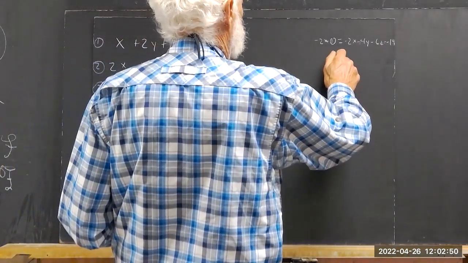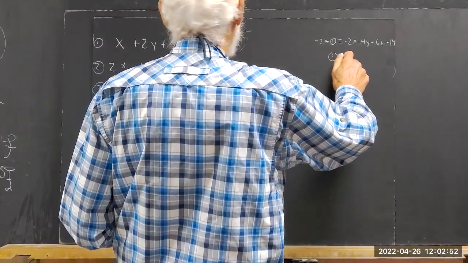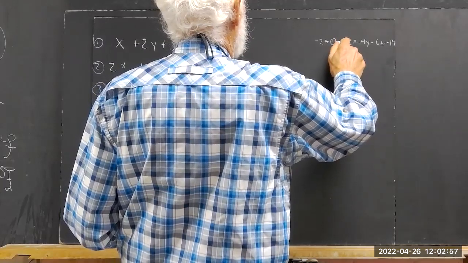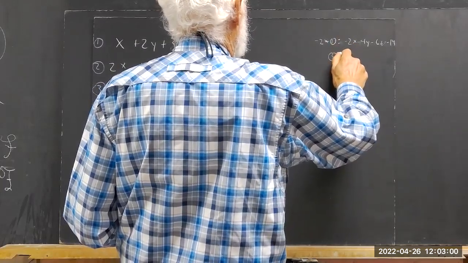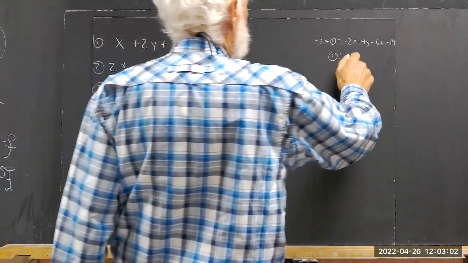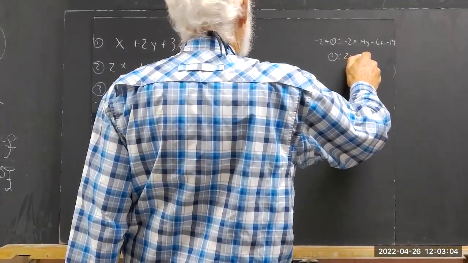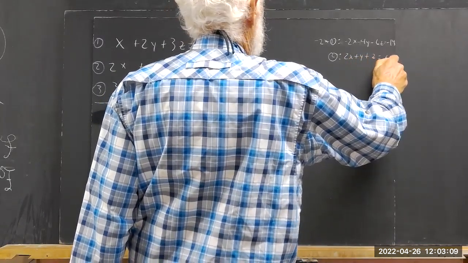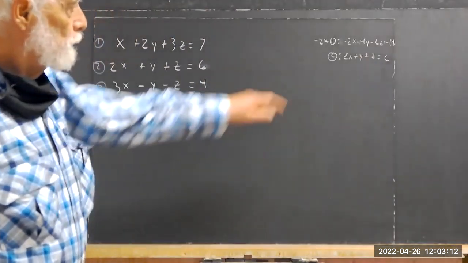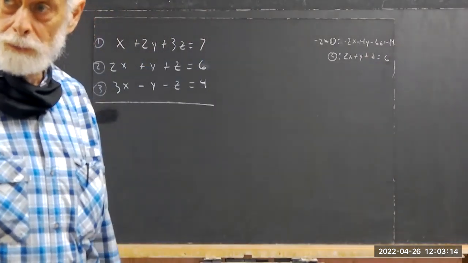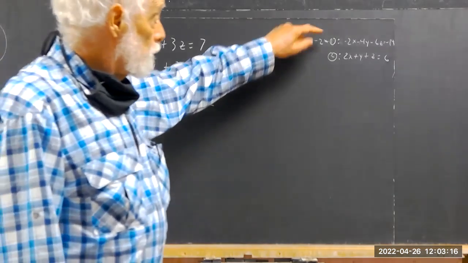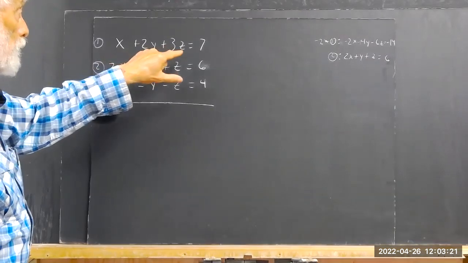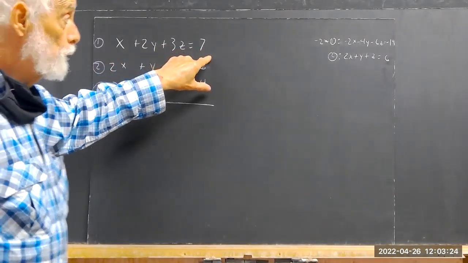The second equation is, I'll use an equal sign there, second equation is 2x plus y plus z equals 6. Now, these are written kind of small, but it should be visible on the screen. Okay. So I got -2 times the first equation. It reads -2x, -4y, -6z equals -14. Right there.